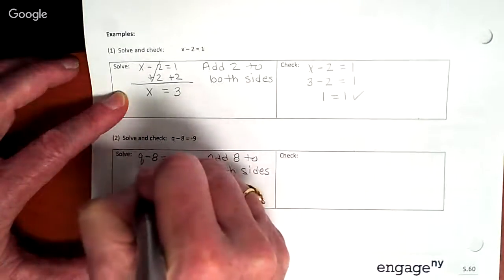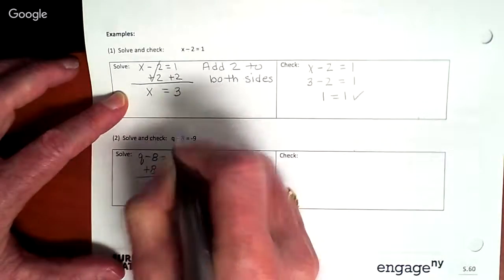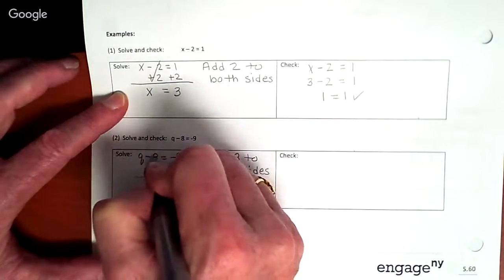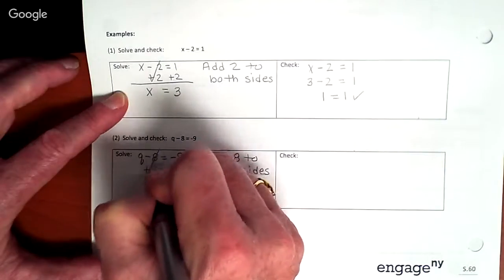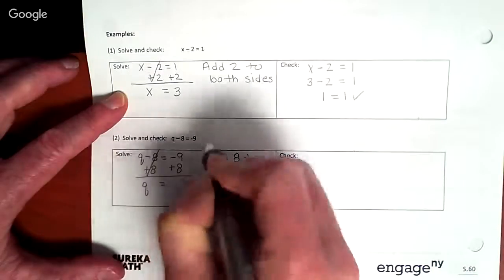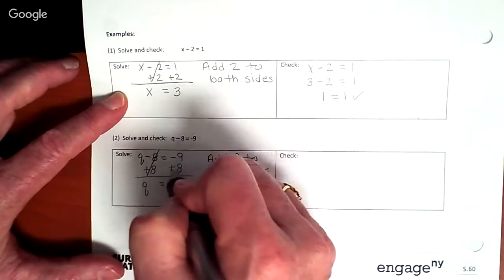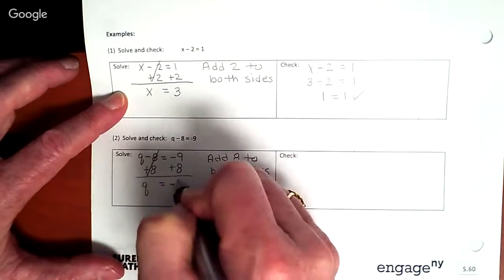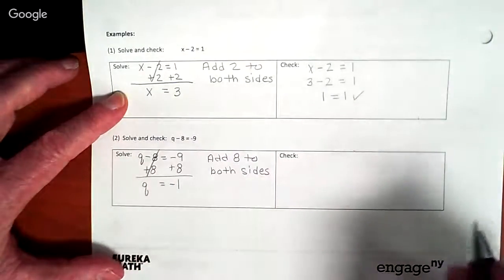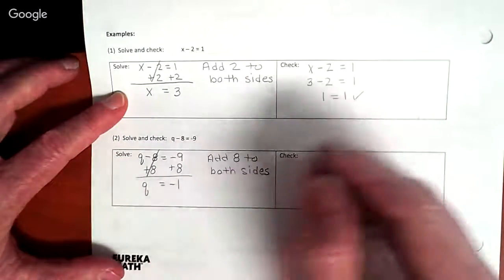So by adding 8 to both sides, here we have complete opposites, so they go to 0, and we are left with q. And we are going to equal, here we are going to do the math, so negative 9 plus 8 is negative 1. And again, use your calculators. So our answer is q equals negative 1.